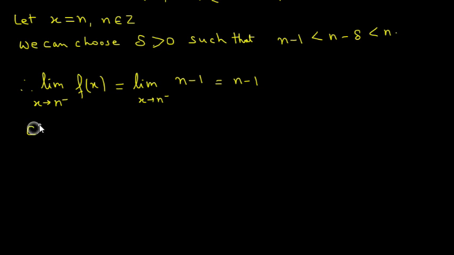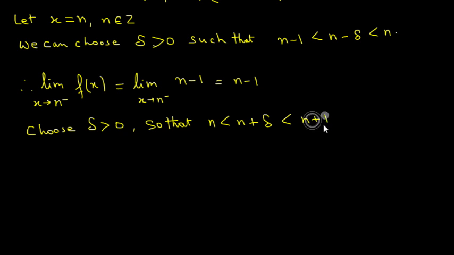Choose delta greater than 0 so that n is less than n plus delta less than n plus 1.